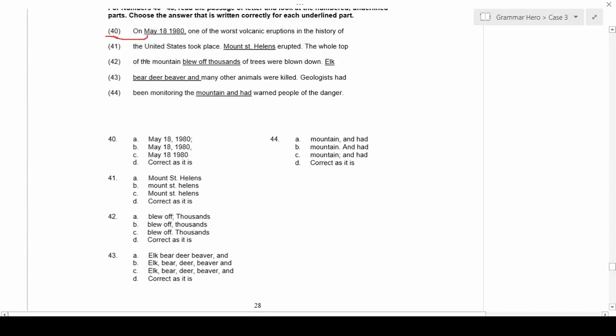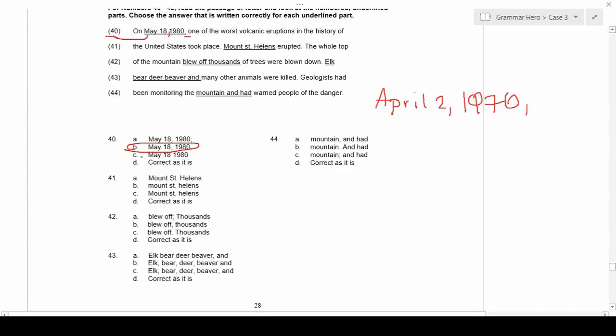So we've got number 40 here, and it's associated with this question. On May 18th, 1980. That's not correct. Whenever you write dates, so if you were to write April 2nd, 1970, you would have to put a comma there, as well as after 1970 in a sentence. So we've got that after, we just don't have it there. So we are going to choose this one.